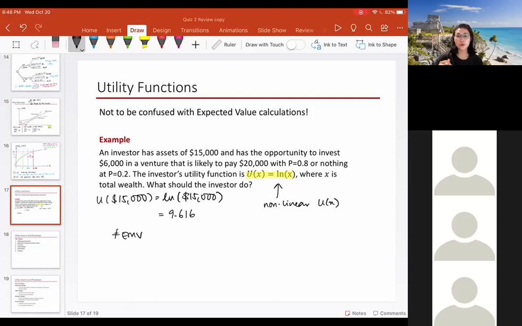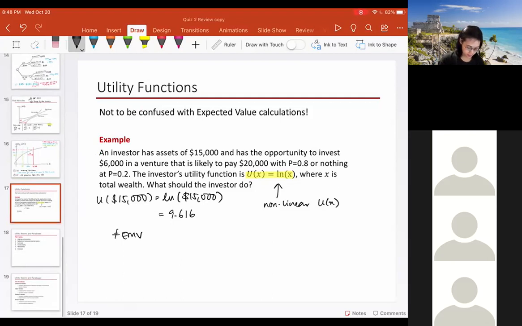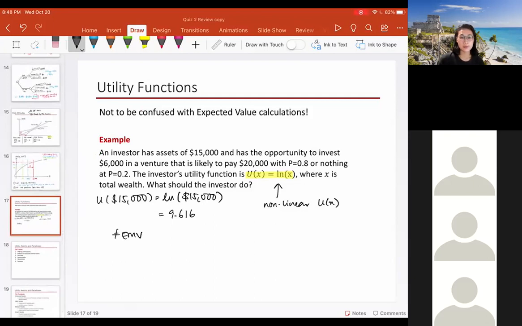I'm only going to go through this very quickly because we still have a couple more slides after this. But I just want to draw the distinction between utility and EMV.